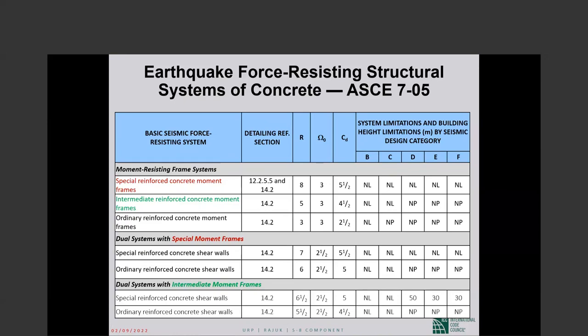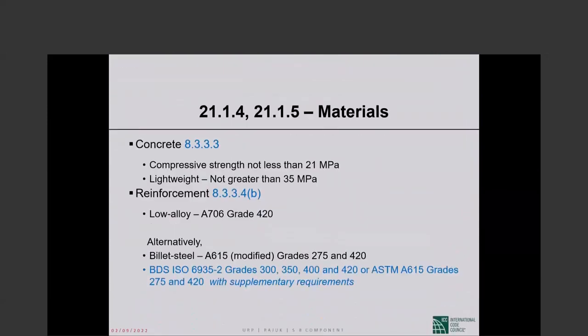Dual systems can have special moment frames, or they can have intermediate moment frames. So this is the area of application of moment frames, and you have the seismic design parameters, R, omega sub 0, C sub D, given in table 12.2-1.